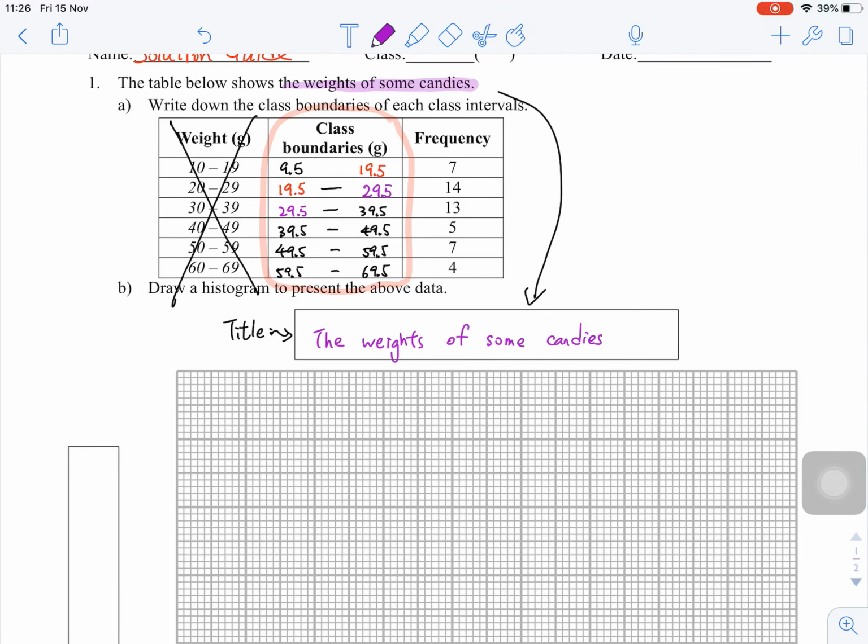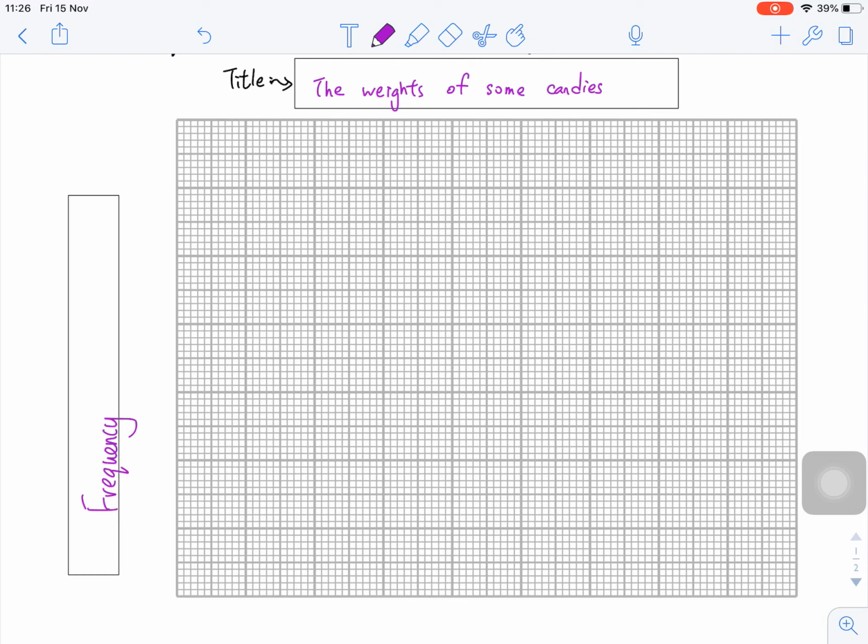Next, we are going to construct the bars. Now, what is the highest frequency among them? 14. We need to find a suitable scale such that I can include 14 in this data for sure and as large as possible. Okay, let's have a look.